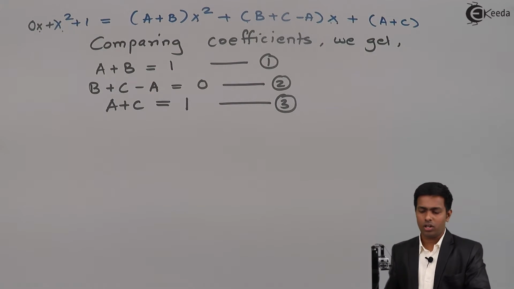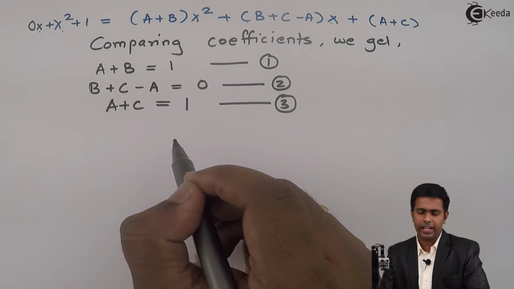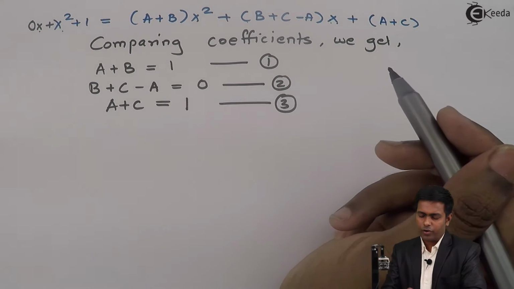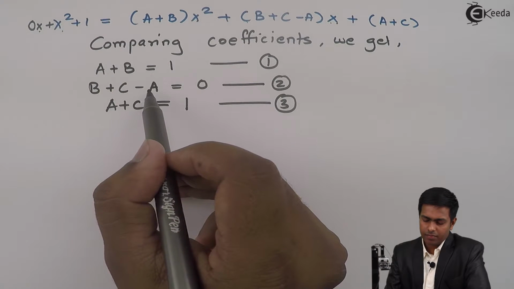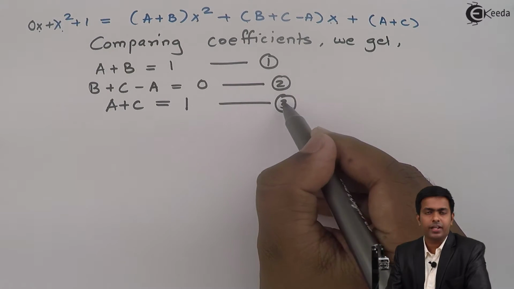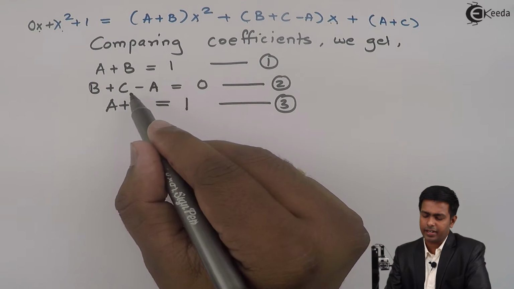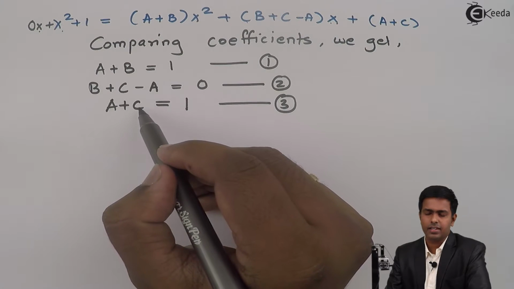And now we will solve these three equations simultaneously to get the values of a, b and c. So for that, here we can add equation number 2 and 3. By adding equations 2 and 3, we can eliminate a, and we can get an equation in terms of b and c.